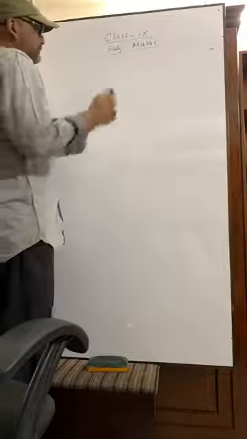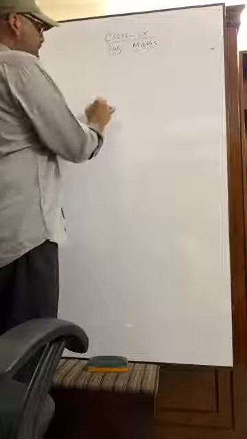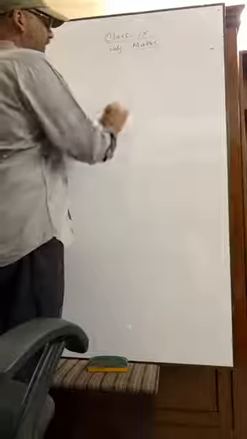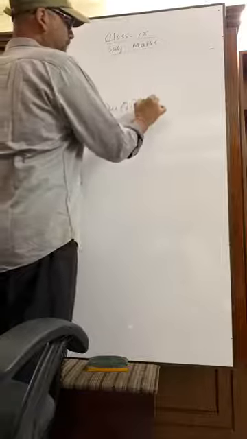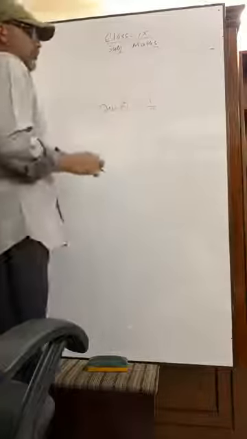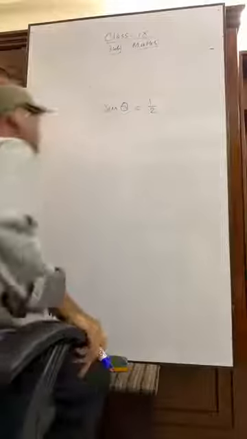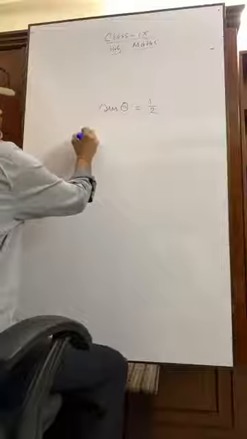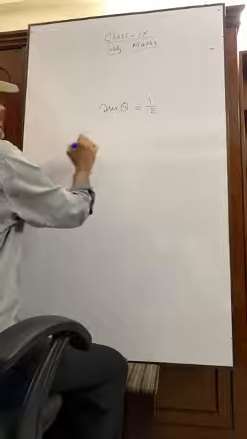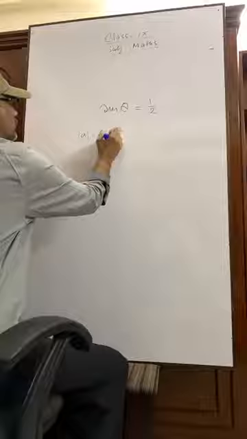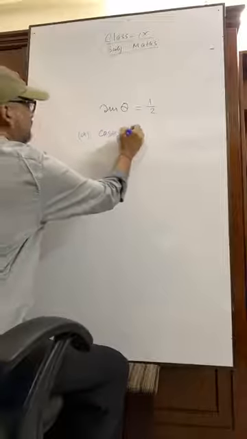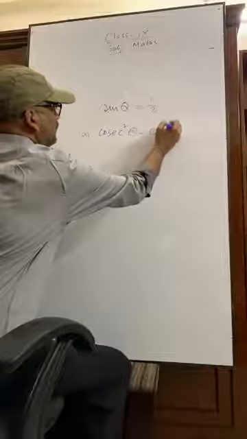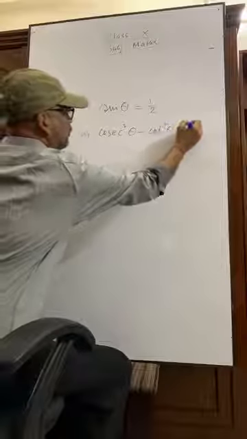Okay, suppose sine theta is equal to half. The question is, question number A: cosec square theta minus cot square theta equals to what?